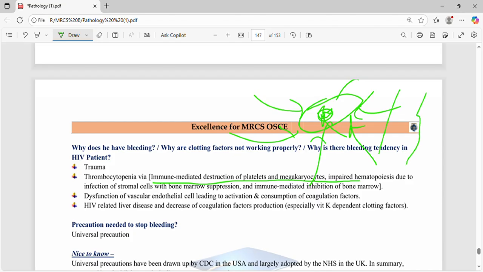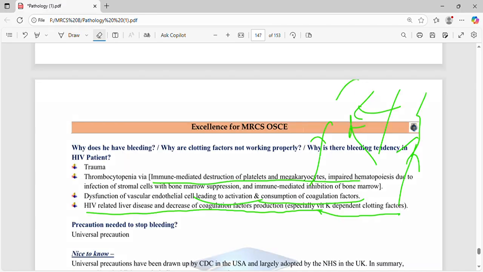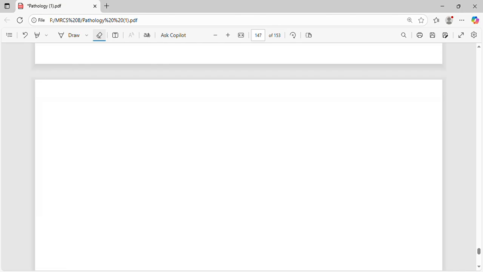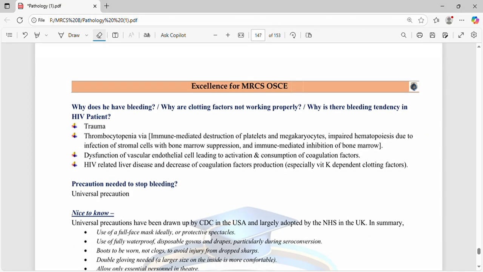Endothelial cells are damaged, causing consumption coagulopathy. HIV-related liver disease decreases coagulation factor production, especially with vitamin K deficiency. When the HIV viral load increases, it affects every part of the body, especially the liver and other organs, so they cannot function properly.